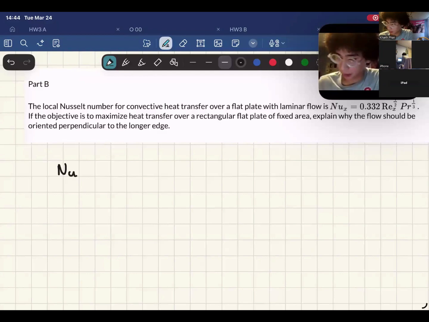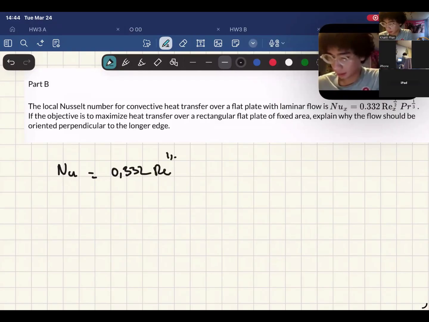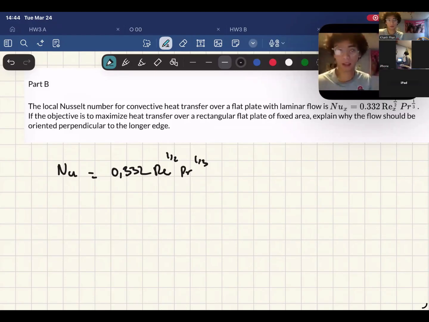The Nusselt number is equal to 0.332 times the Reynolds number to the power of half, times the Prandtl number. And we know the Nusselt number is equal to hL over k.